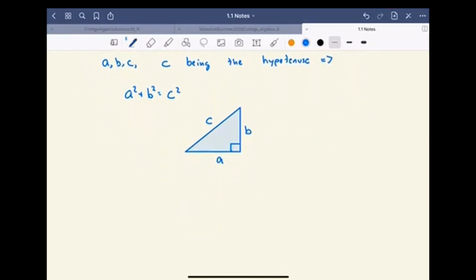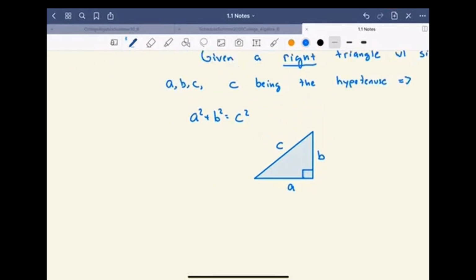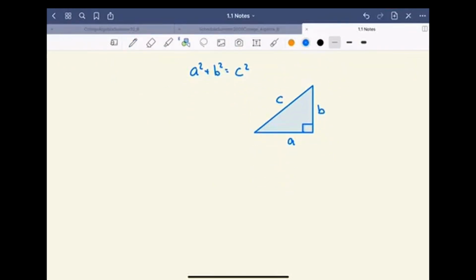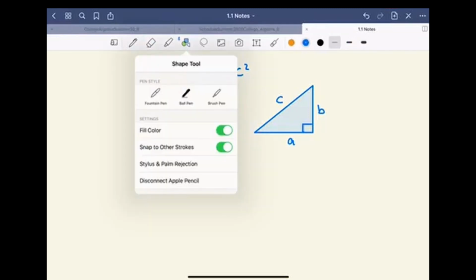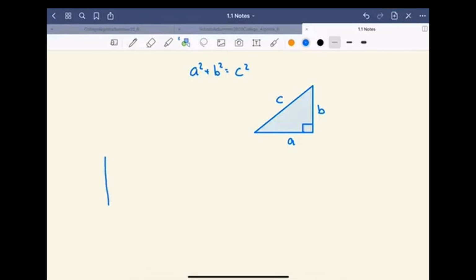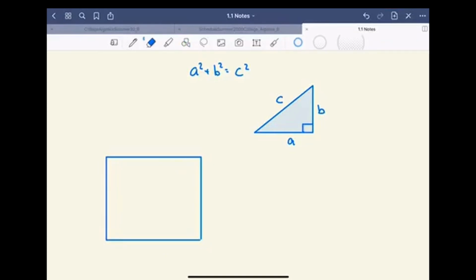ABC. Okay, so let's just do a really quick, just a little proof of this. So we're going to do a little proof, draw a couple of squares here. Okay, so we're going to imagine that this square has sides A plus B. Okay, but we're going to split it up in two different ways.